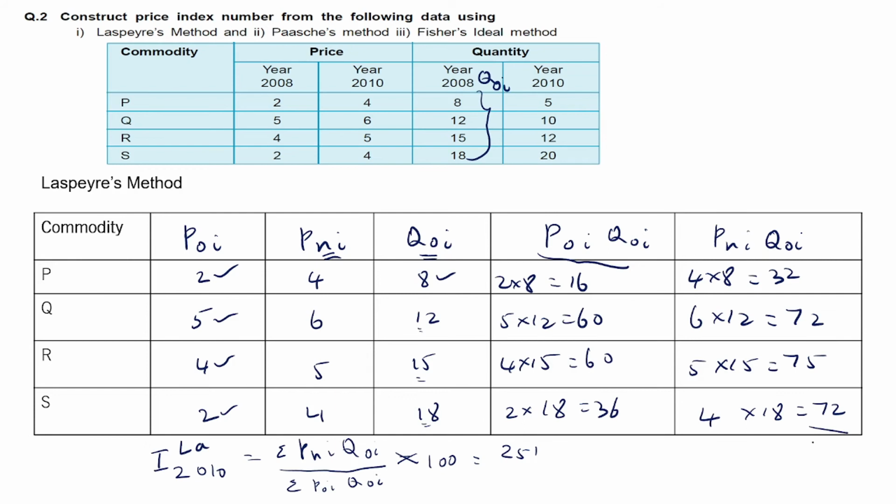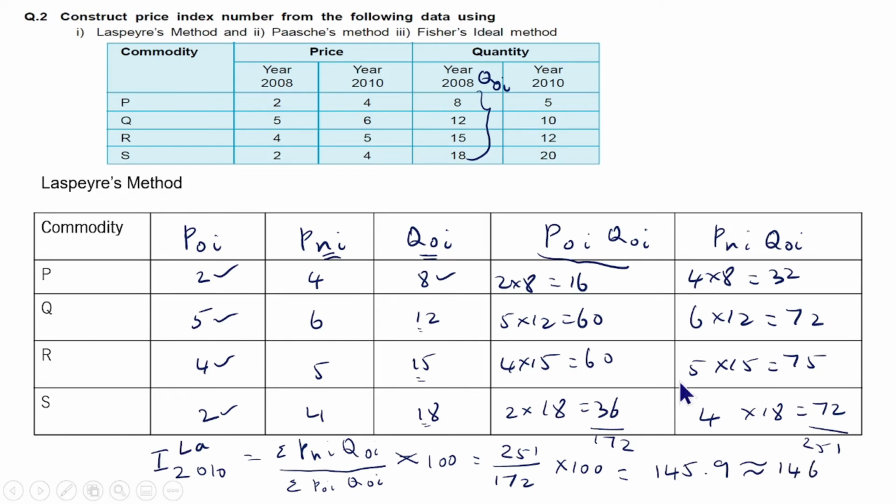So when we add all these we get 251, and summation P naught I Q naught I is the sum of all these, that is 16 plus 60 plus 60 plus 36, so it is 172. Now 251 upon 172 into 100 is equal to 145.9, or approximately equal to 146.